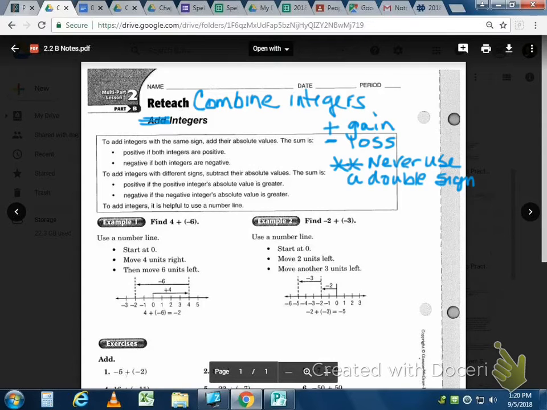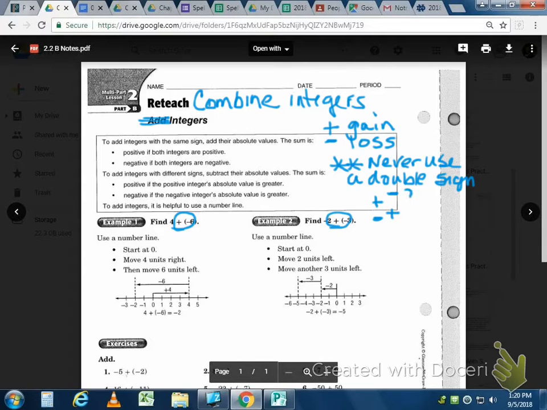And what in the world do I mean by a double sign? Here's what I mean. If they show you plus a negative or minus a positive side by side, kind of like this right here and this right here, I never ever want you to do that.